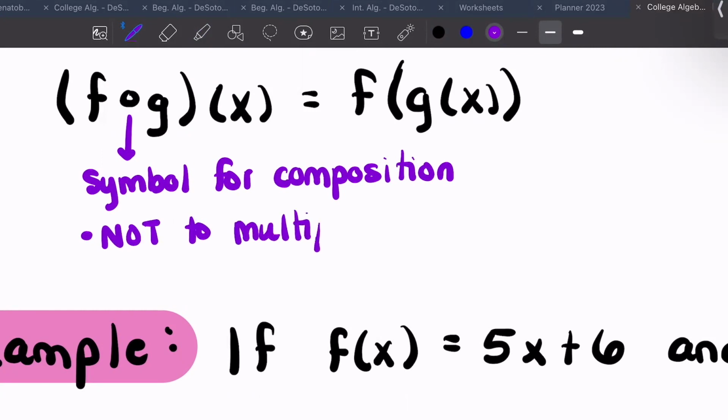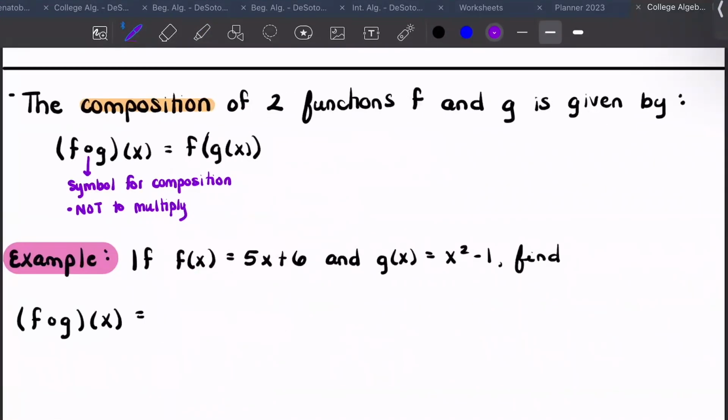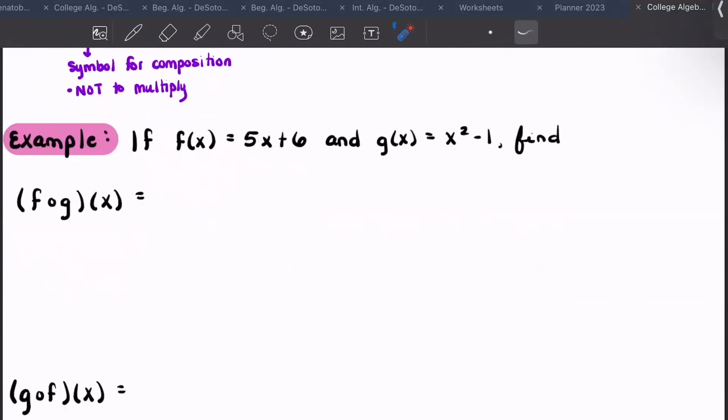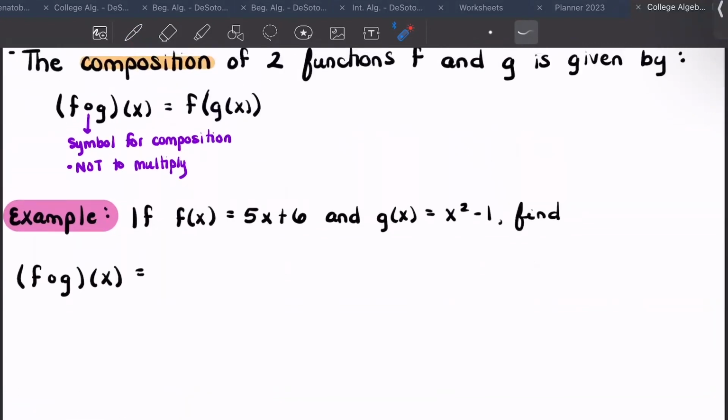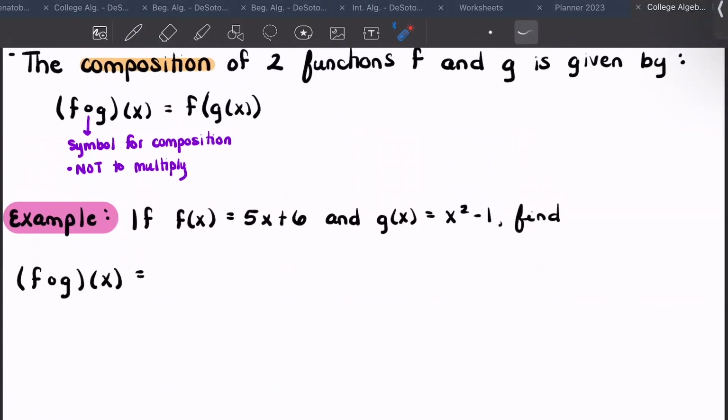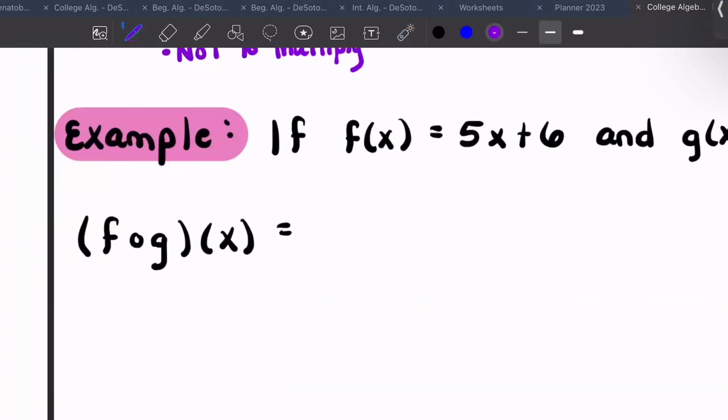That does not say f times g. It's f of g of x. So what this means is that wherever there is an x in f, you're going to plug in g of x. So f of g of x.